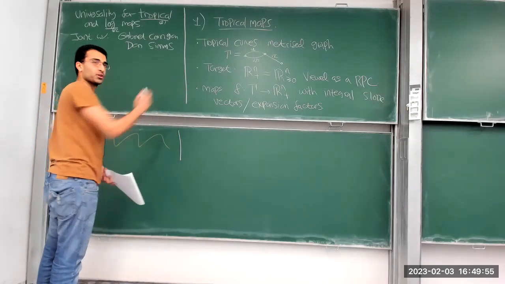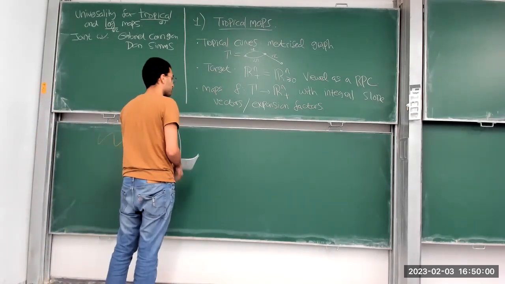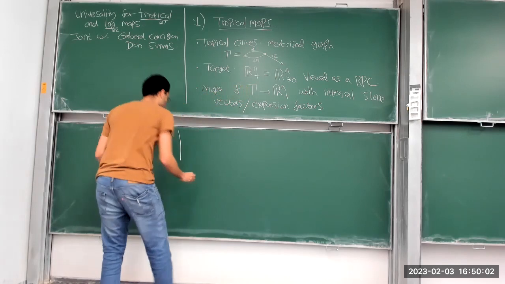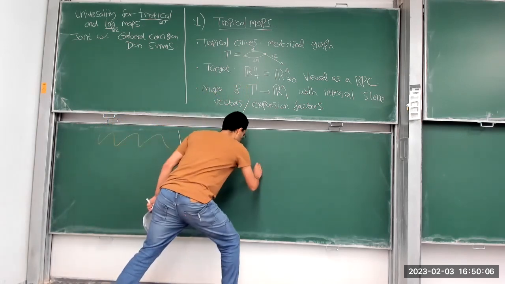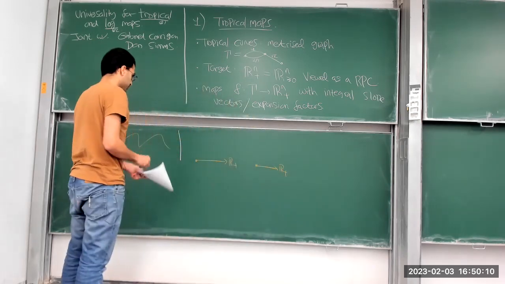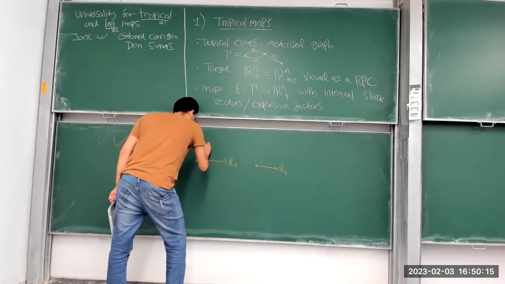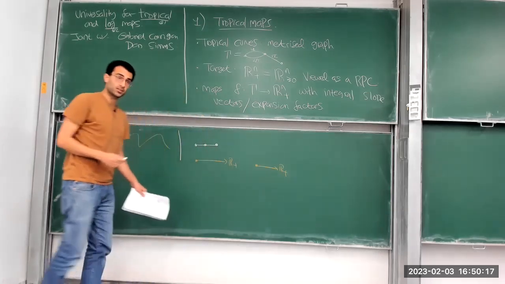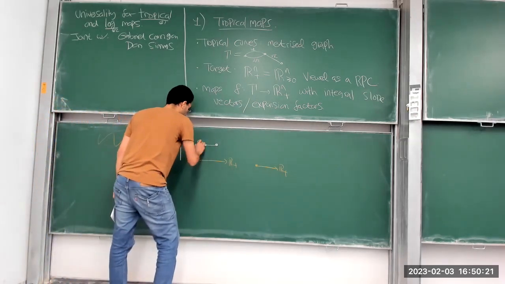So let me give you a few examples of these things. The first two examples will just have n equals 1. So here's my R positive, and since I have the orange chalk in my hand, let's draw another one for later. In the first example, it's quite simple. My source graph just looks like this, and it has some edge lengths.